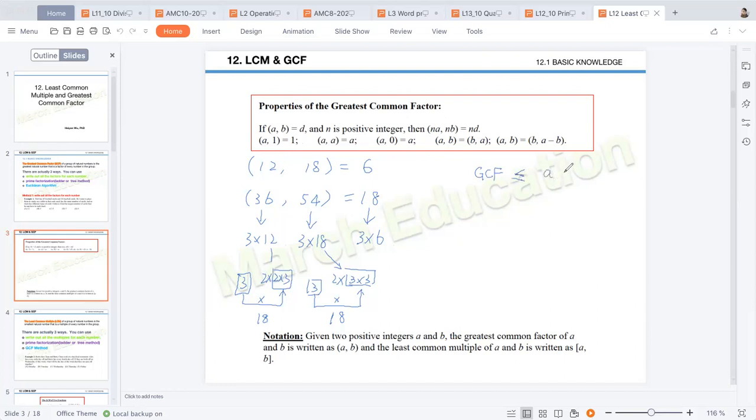It should be less than or equal to the smaller number. The greatest common factor of A and B is always less than or equal to the minimal number of A and B.